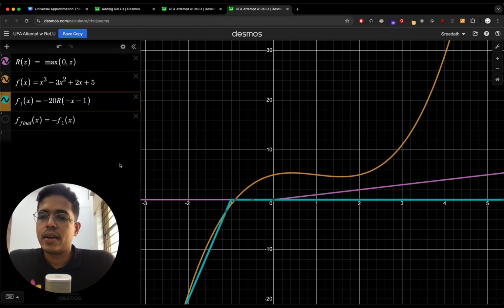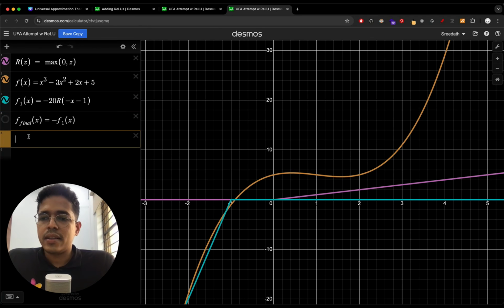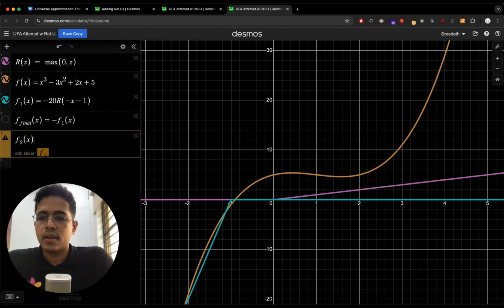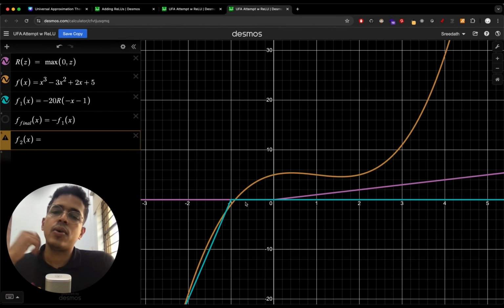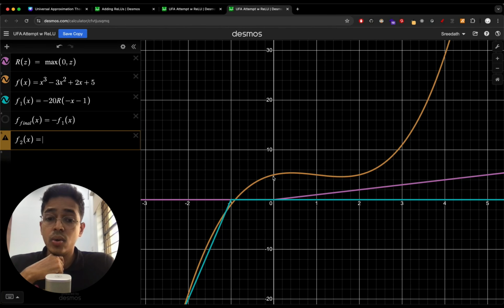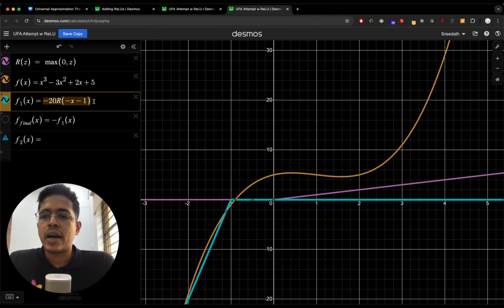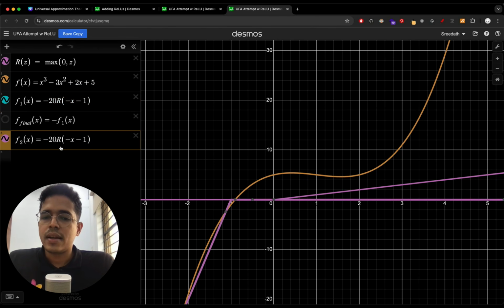Okay, let me also define another new ReLU function, f2 of x equal to, now this time I want the transition to happen at x equal to maybe 0. And for the slope, the x value is changing by roughly 1 and the y value is changing by 5. So the slope could be 5, right? So I'll copy this, paste it here, and this will be 5.